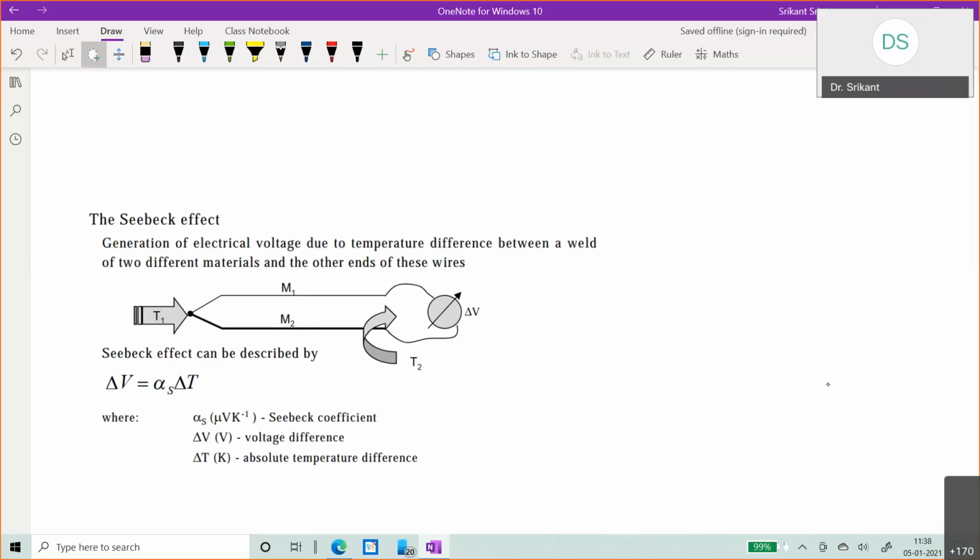You put one end in ice and one end in a bucket of water, and then you put a heater below it and you start heating the water. And you keep a thermometer, so you keep measuring how much the temperature difference is. As the temperature is changing, how much is the voltage developed? And then you plot a curve, voltage versus temperature. And the slope of that curve becomes your alpha. So this is how people actually build models. Okay.